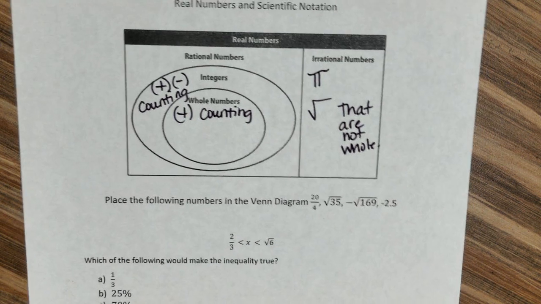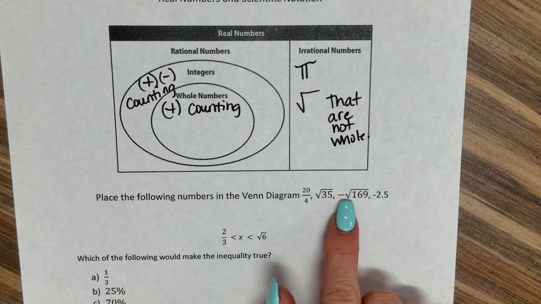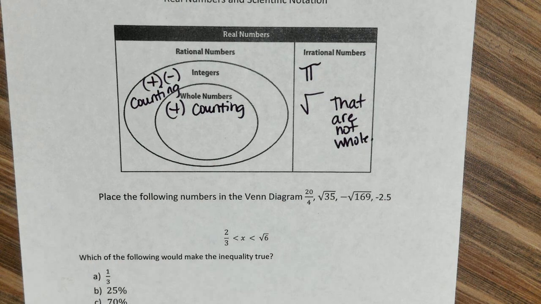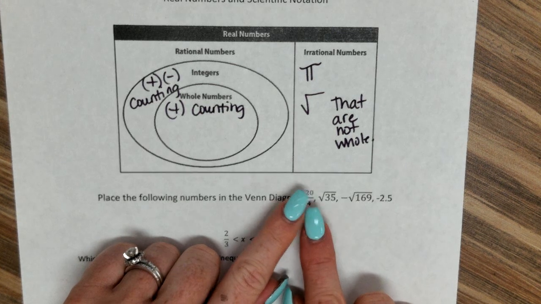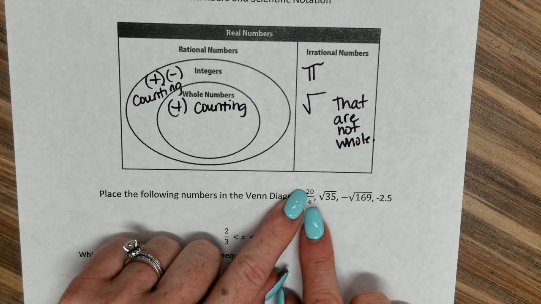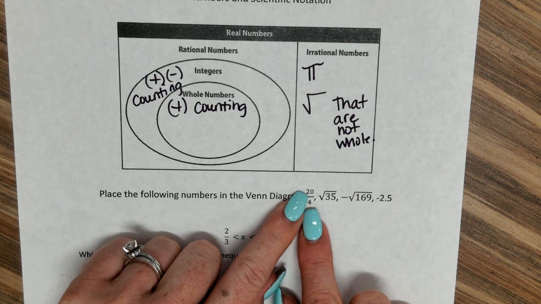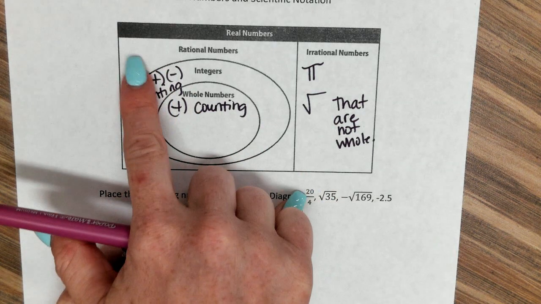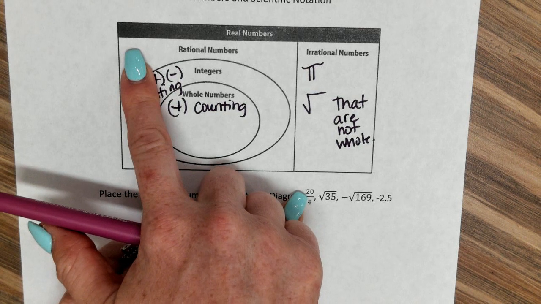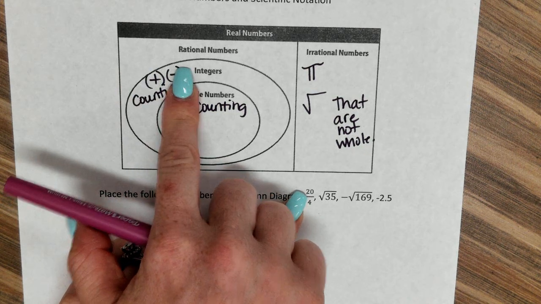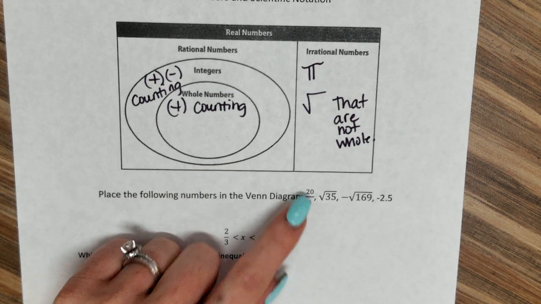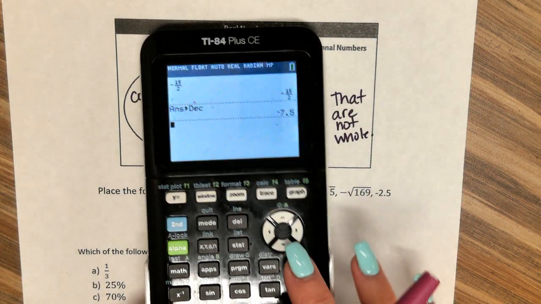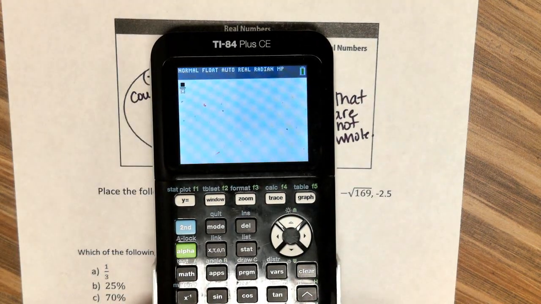All right, so the first thing we're going to do is place the following numbers in this diagram where they most specifically go. So everybody look at 24ths. First question, is 24ths rational or irrational? It's rational because it's a fraction. So it definitely could go here. Do y'all agree? But we need to see if it could be an integer or whole number by putting it in our calculator. So go to your calculator and put in 24ths.